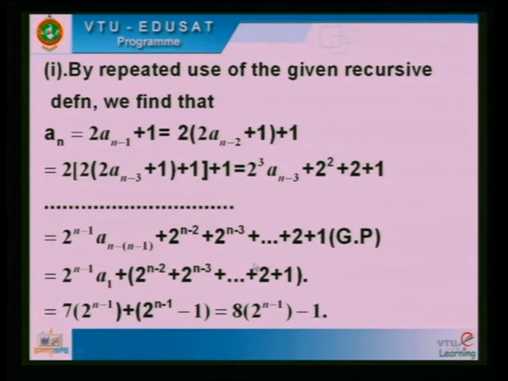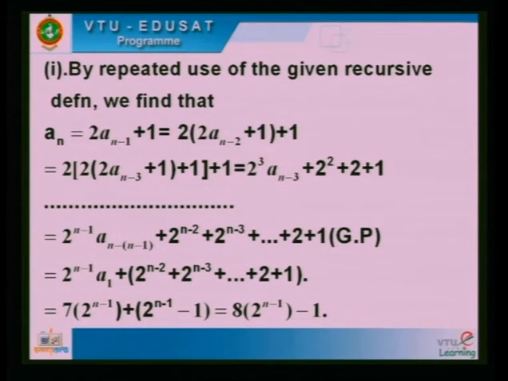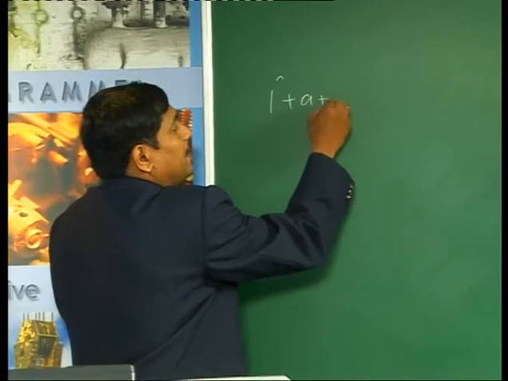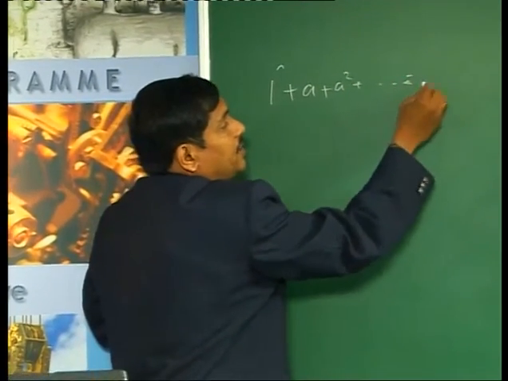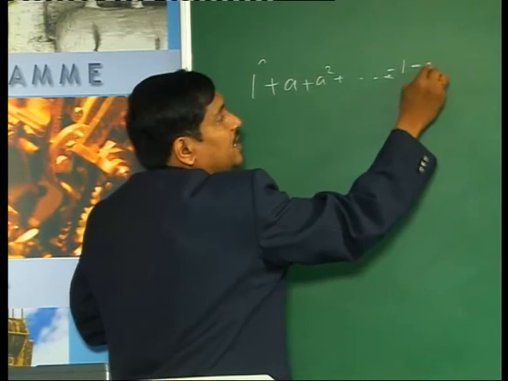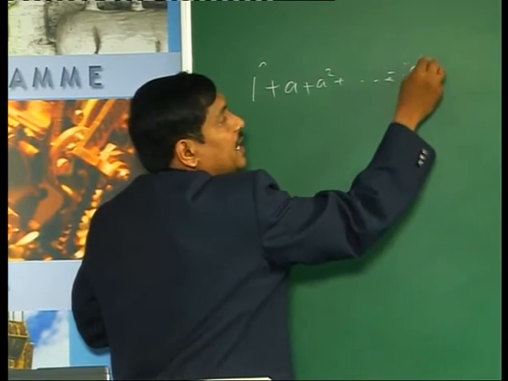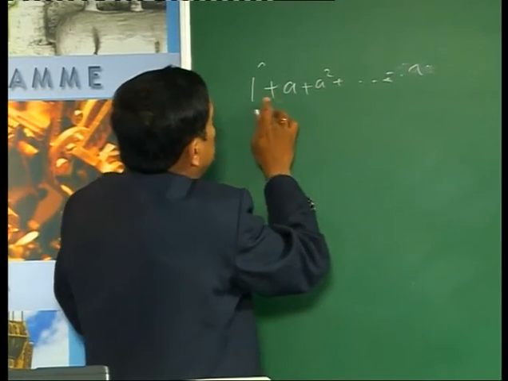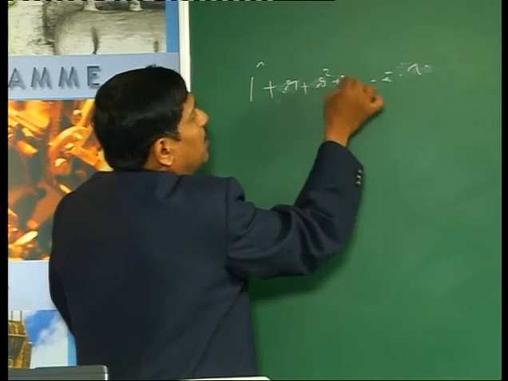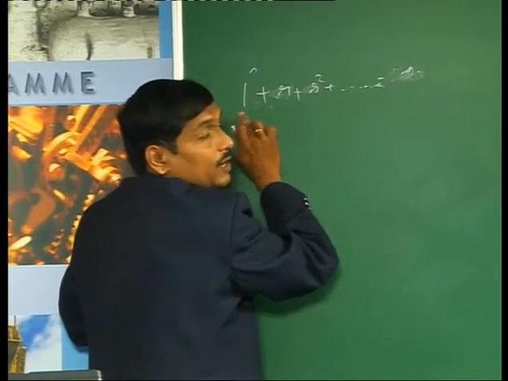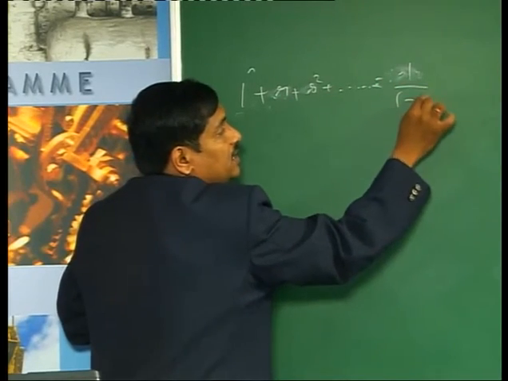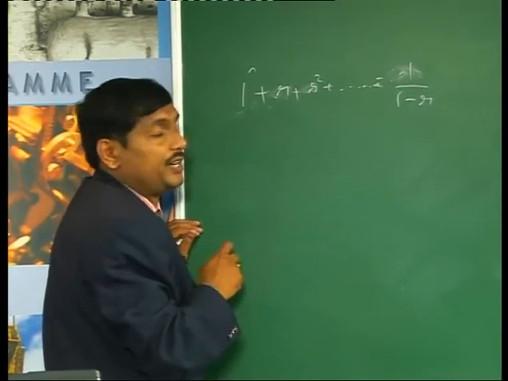If you observe, this is 1 plus 2 plus 4 and so on, so you know the geometric series: 1 plus r plus r squared plus and so on. To infinity that is 1 by 1 minus r, since a is 1.